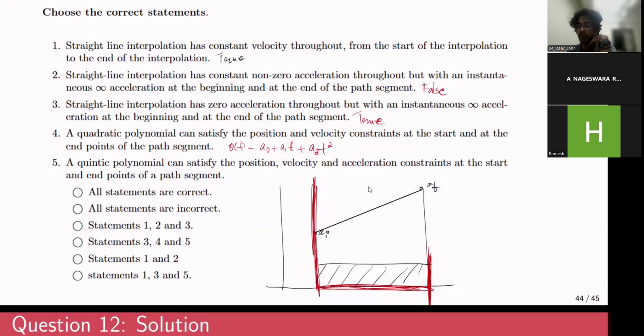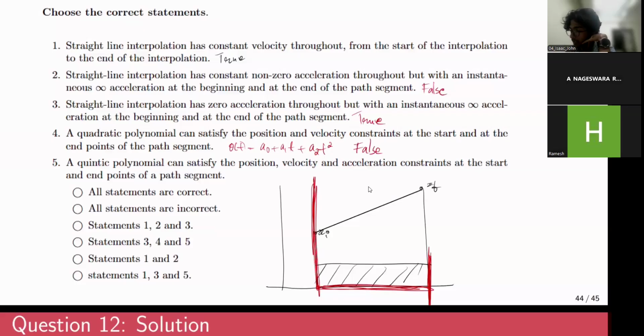But if you want to satisfy position and velocity at beginning and at the end, you require four equations. But here you can only have three boundary conditions. So that is also false. With quadratic, you cannot satisfy position and velocity constraints. For that, you need at least a cubic polynomial, what we have seen earlier. So this is false.